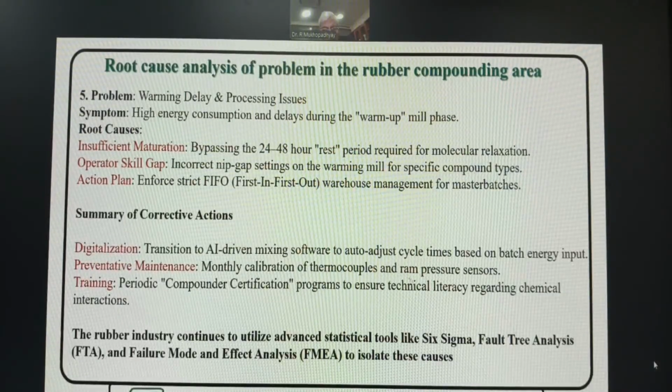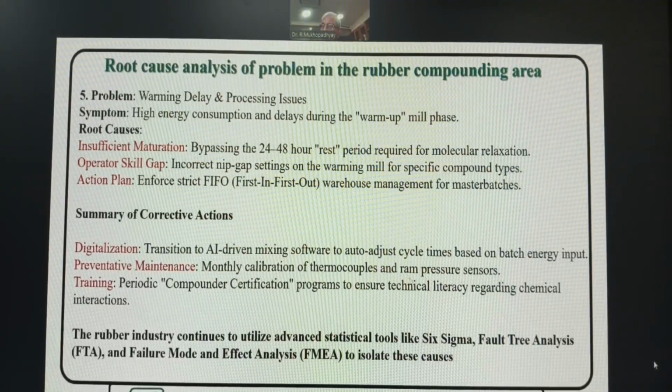Now suppose the corrective action requires mixing digitization, that is a transition to artificial intelligence mixing software to auto-adjust cycle time based on the batch energy. Mostly SCADA and other people are using it. And for preventive maintenance, the calibration of the thermocouple or ram pressure at a certain interval is required, because if those data are wrong, ultimately your decision will be wrong.